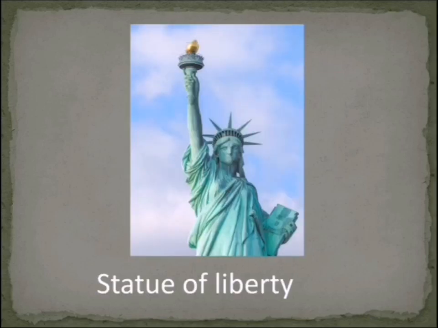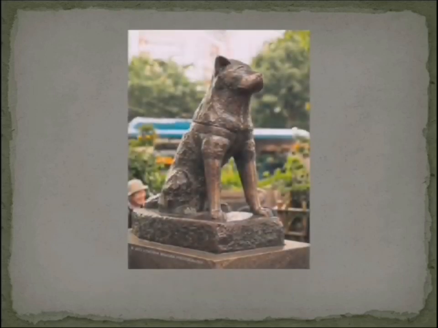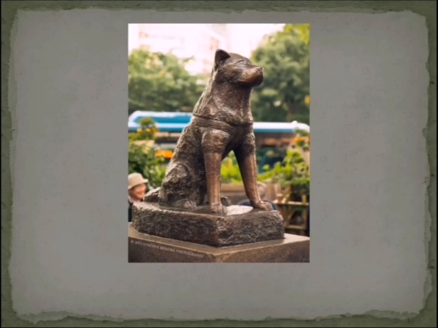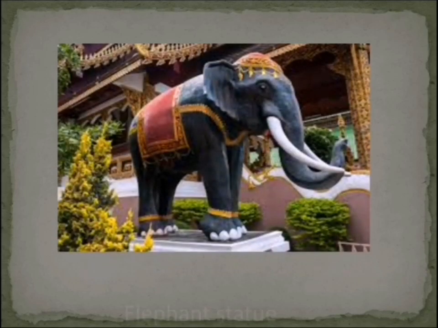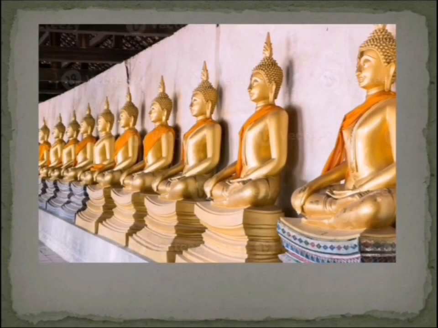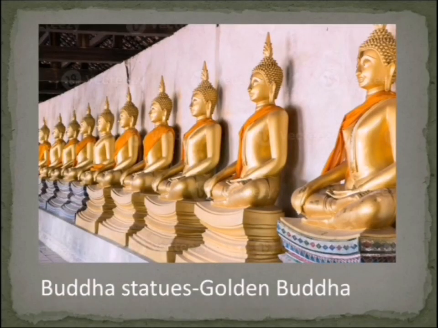This is the Statue of Liberty, and this is an example of a representative statue. This represents a human form. Another, we have an animal form, which is a dog. Another animal form, which is an elephant. And Buddha statues, or what we call the Golden Buddha.